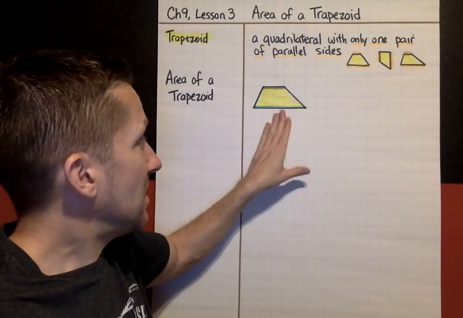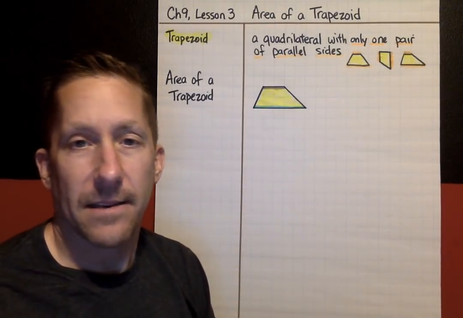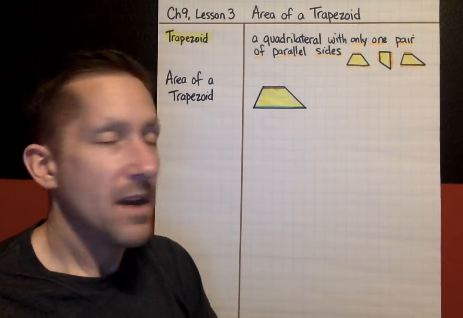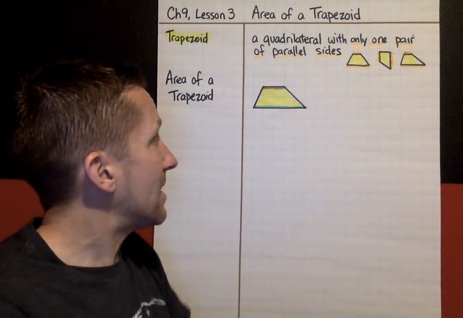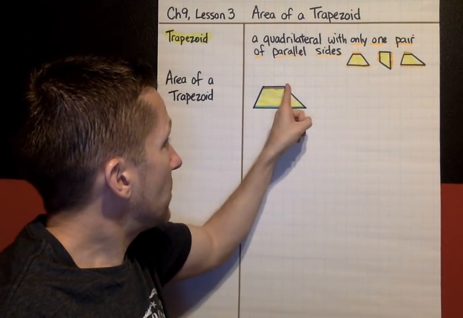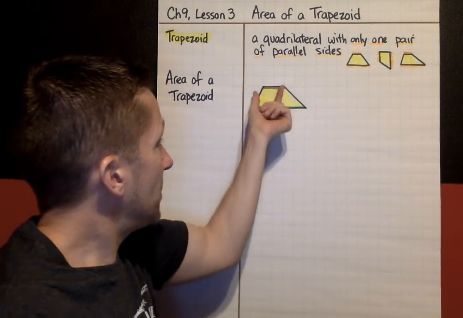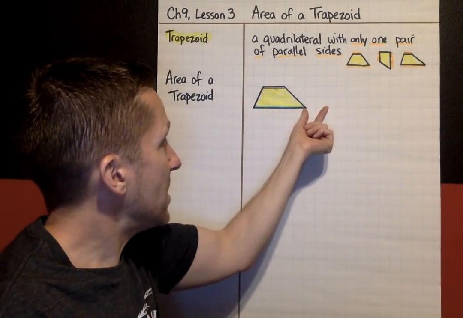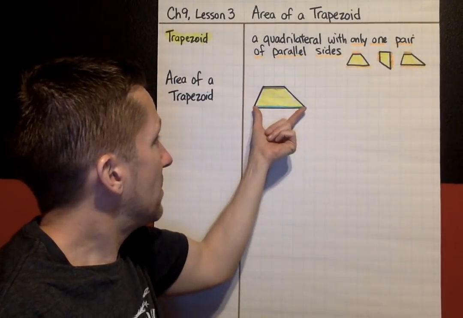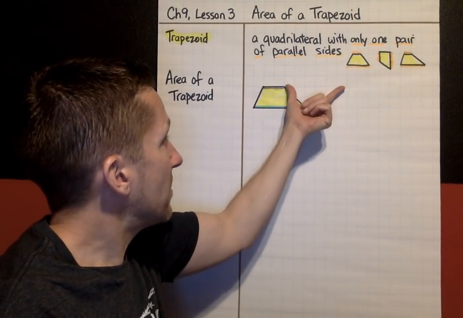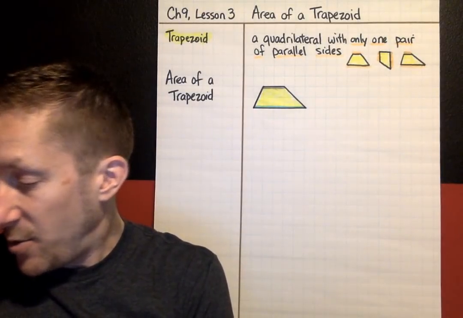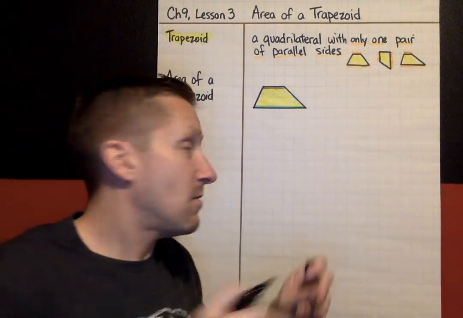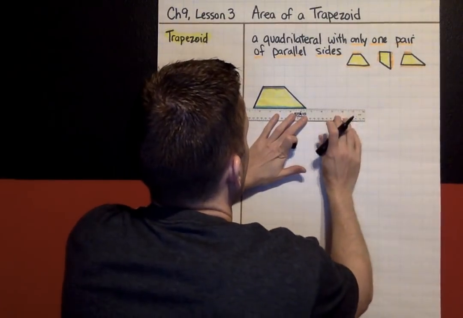Now imagine that I copied that exact trapezoid. I copy it, and I rotate it, and I slide it back in. So this purple base would come down here. This blue base would come up here. That's what I'm doing if I made two copies and rotated one around.